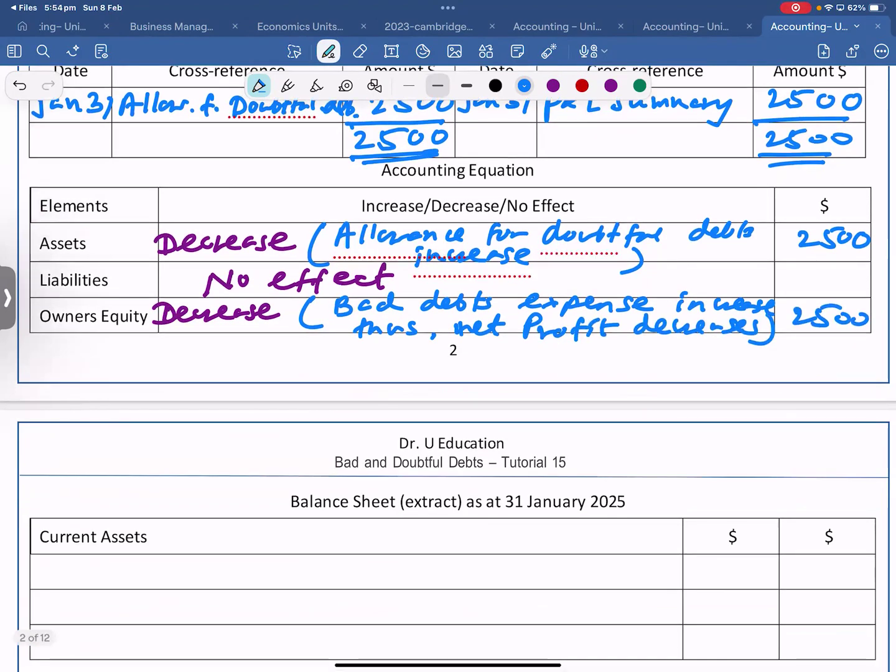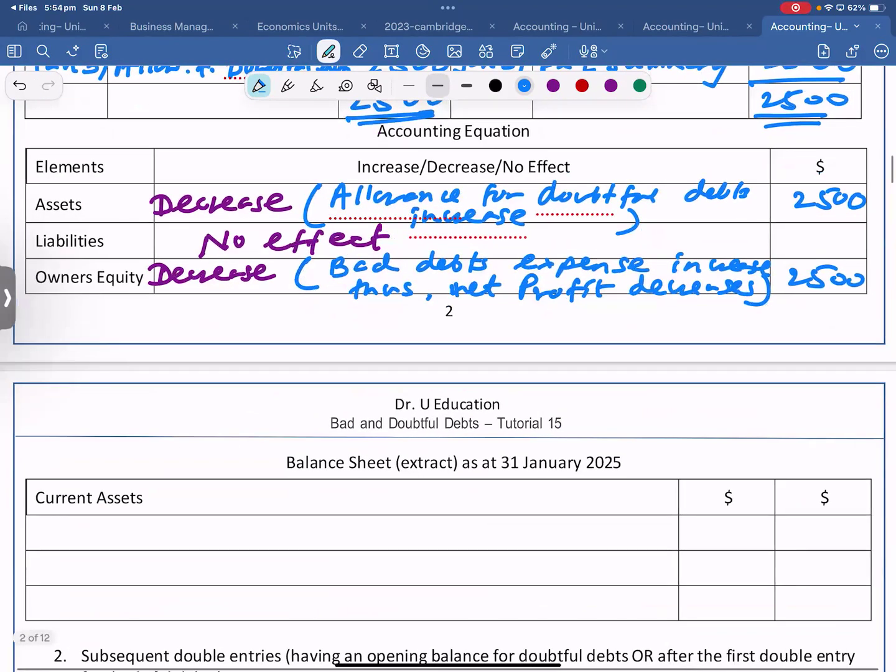Now, balance sheet, you asked me. What happens in the balance sheet? We'll have accounts receivable, 72,000. You can put a less or minus sign.